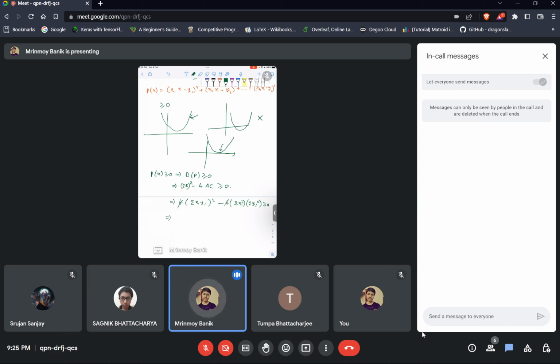We can cancel out the 4's and we get the required Cauchy-Schwarz inequality.